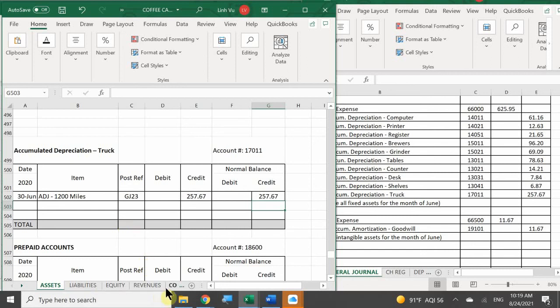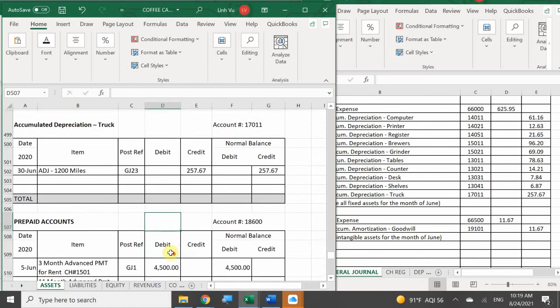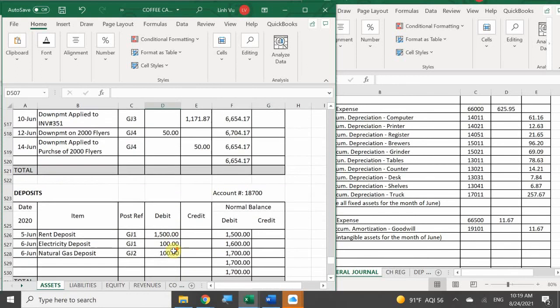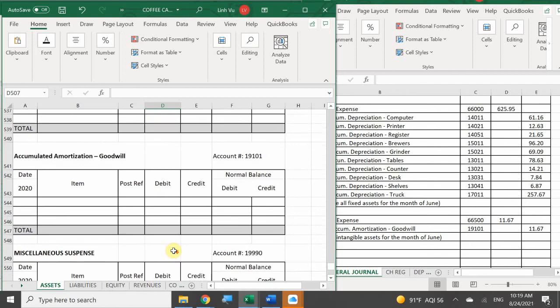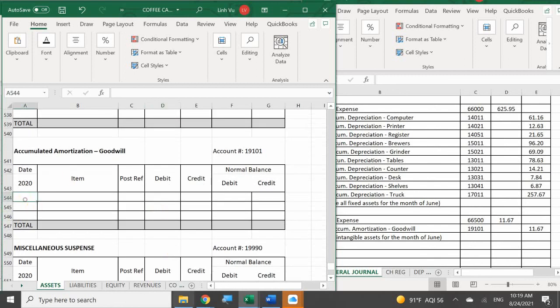Since we're already here, go ahead and do the accumulated amortization for goodwill. Which was a total of $11.67.